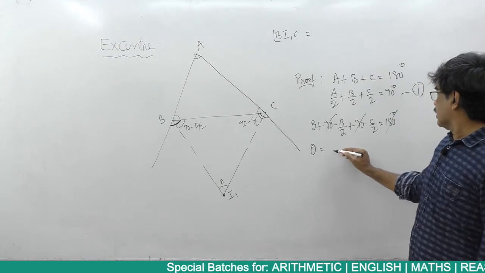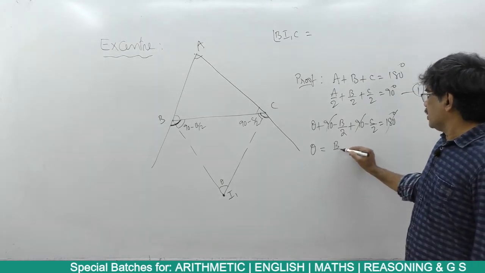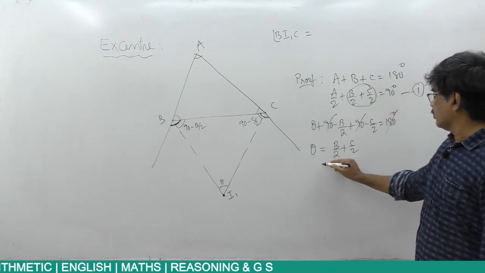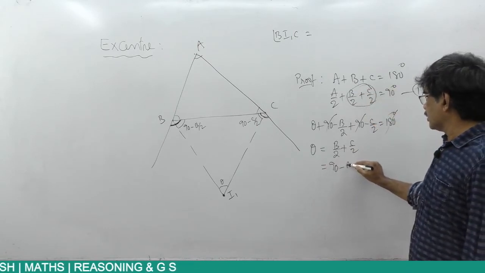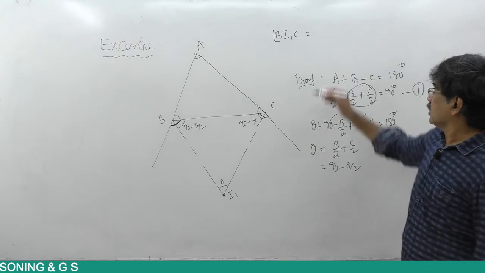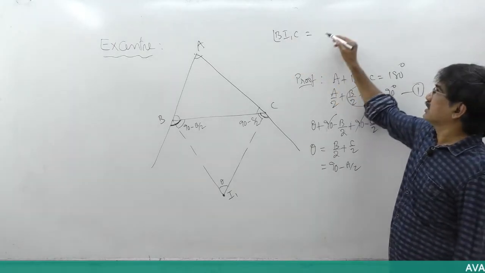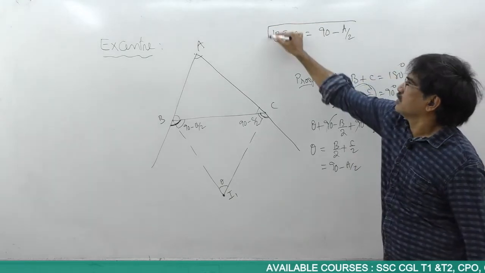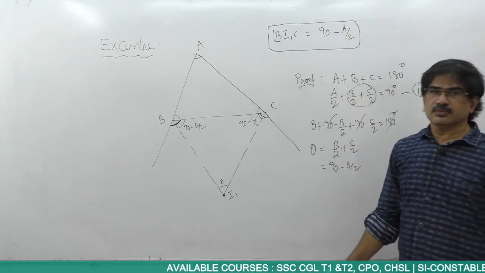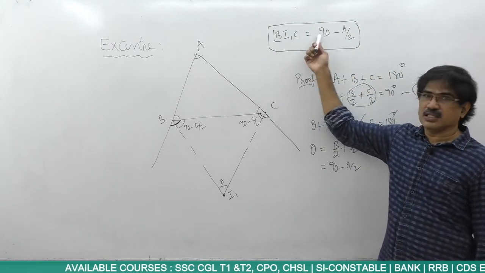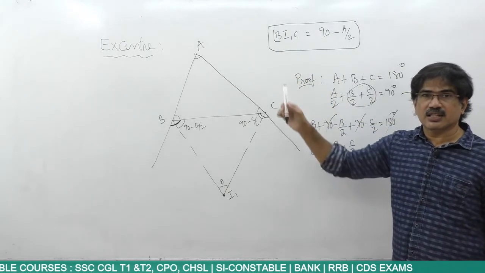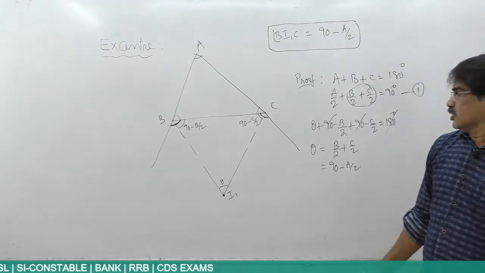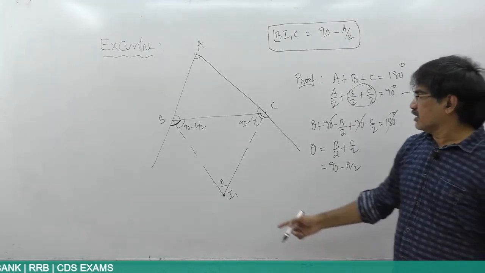So theta is equal to B by 2 plus C by 2. But B by 2 plus C by 2 is nothing but 90 minus A by 2. Therefore angle BI1C is equal to 90 minus A by 2. The angle at the excenter is 90 minus A by 2. The angle at the incenter is 90 plus A by 2. So this is the way of finding this.